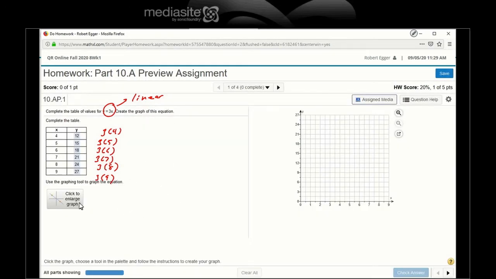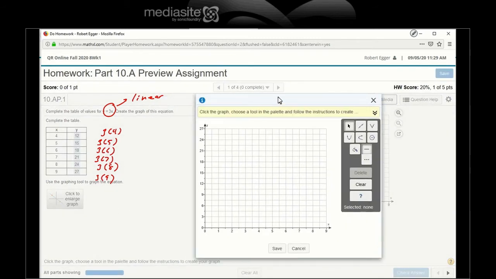Okay, make a graph. Well, what kind of graph are we going to make? Linear, absolute, quadratic going up, quadratic going horizontal, a circle. I know we're doing a straight line. So let's look at a couple of points.